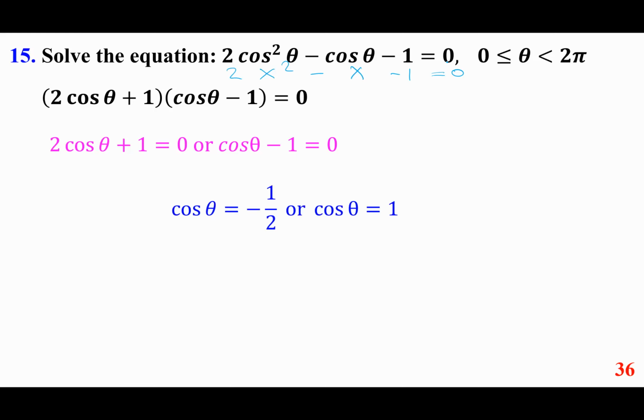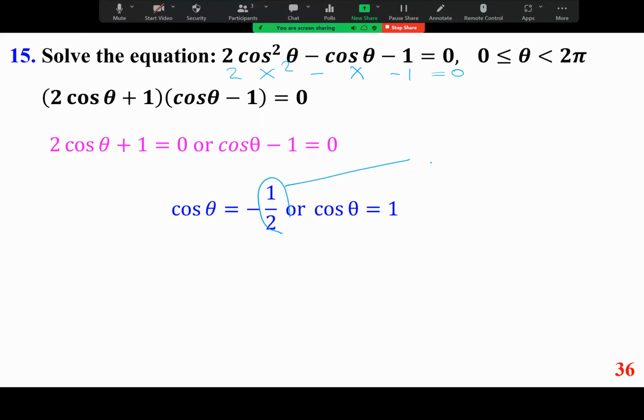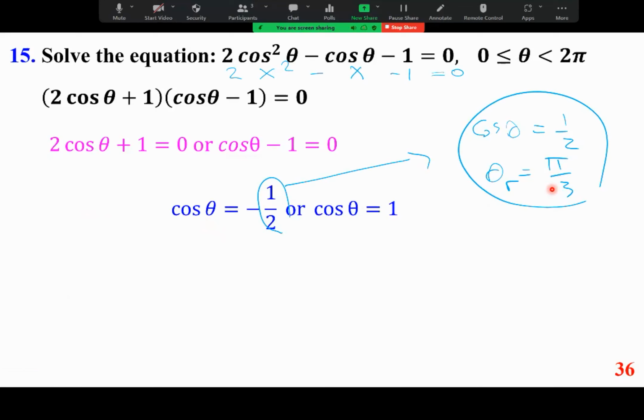Again, with this one, I want to make sure we understand what's happening. If cosine theta was 1/2, then theta would be pi over 3. This is really theta r, the reference arc. Are you with me? And so, since it's negative 1/2, cosine is negative in the second quadrant. So pi minus pi over 3. And in the third quadrant, pi plus pi over 3. And this one, of course, theta is 0.